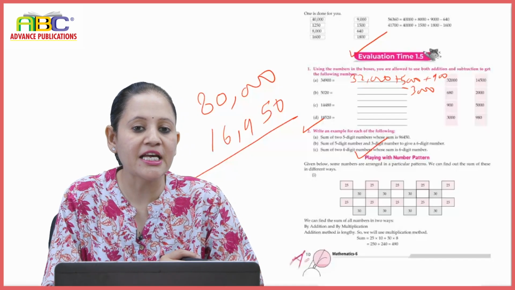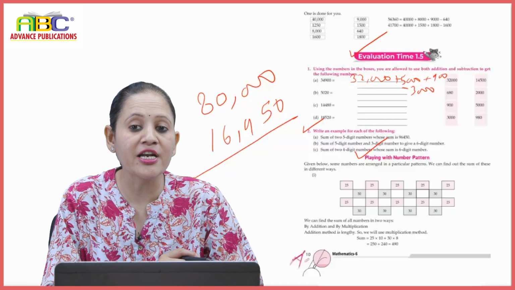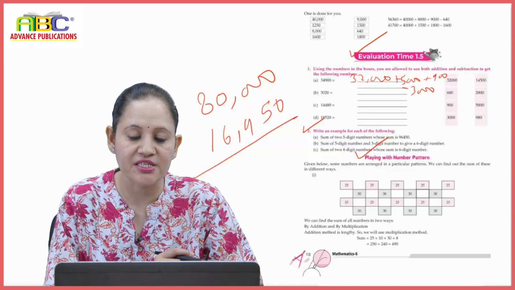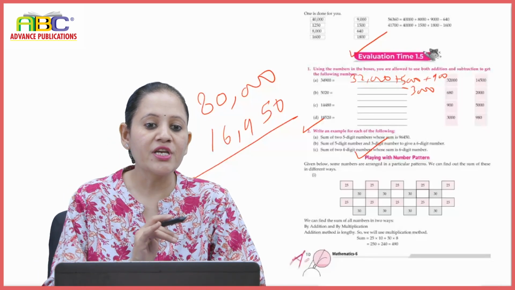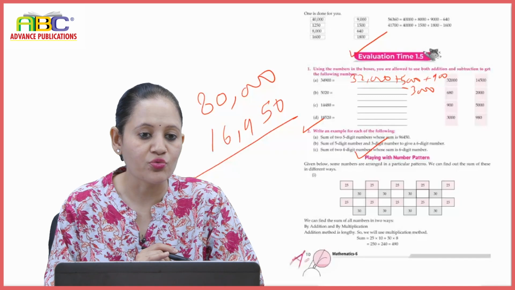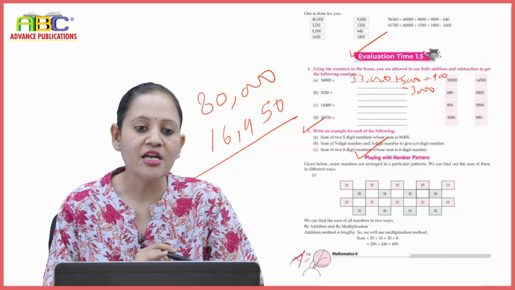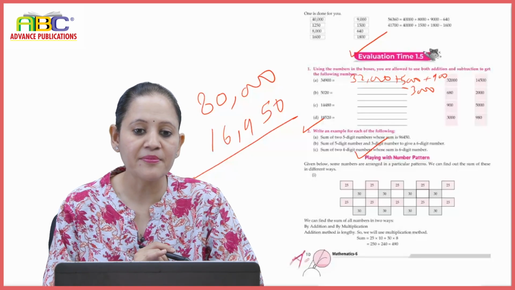Given below, some numbers are arranged in a particular pattern. We can find out the sum of these in different ways. We can find the sum of all numbers in two ways, by addition and by multiplication. Addition method is lengthy, so we will use the multiplication method. The number is 25.